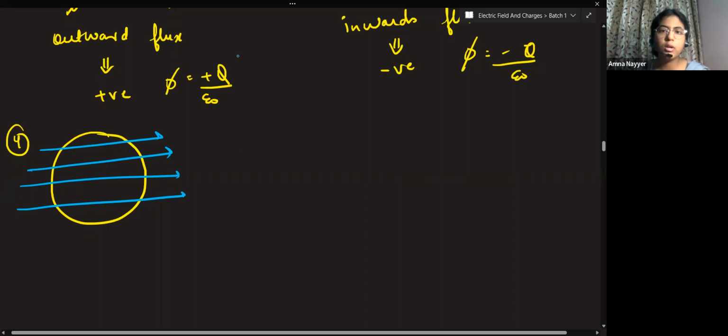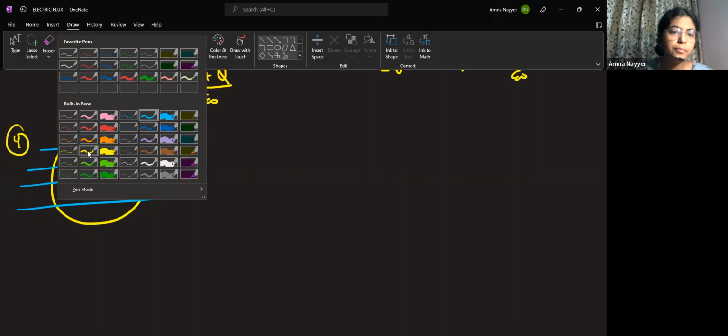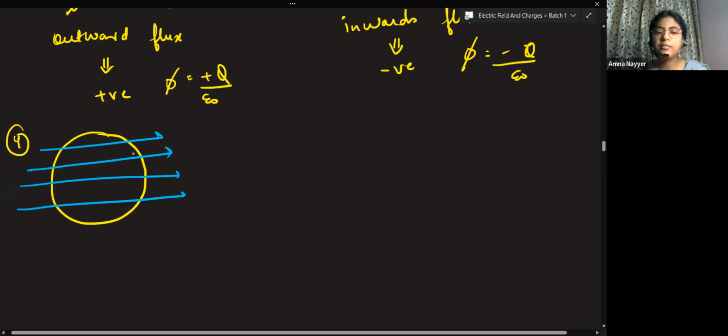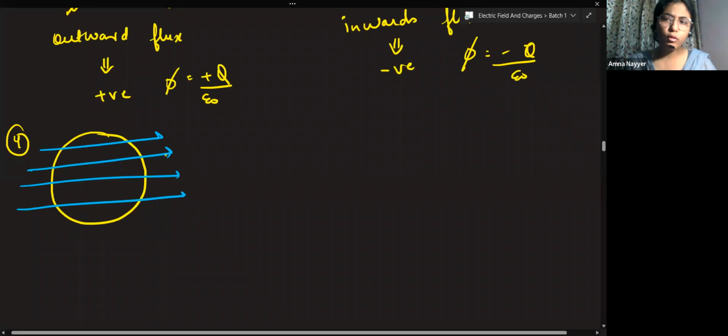So see, what will happen is electric field lines are passing by the surface. So if this is your surface, electric field lines are also on this surface, just crossing it. So if you take the area vector with you, area vector will be perpendicular. So what will be the angle between electric field and area vector?